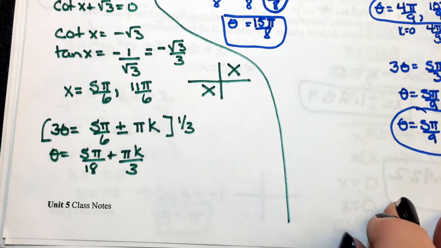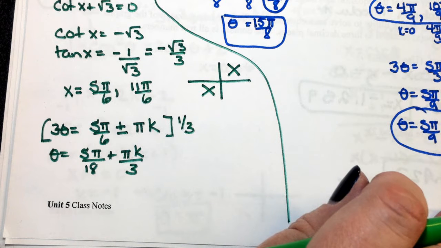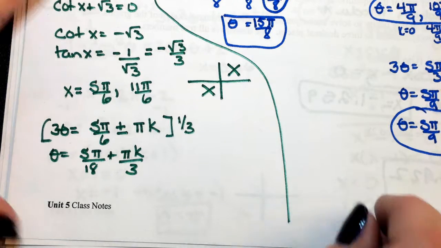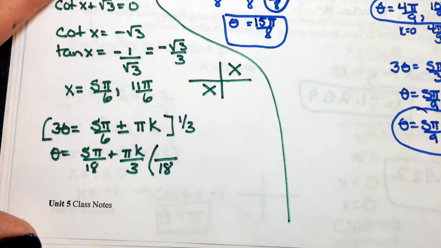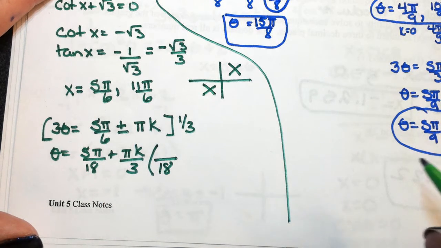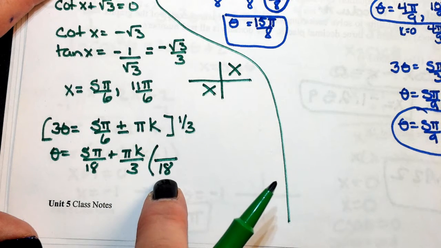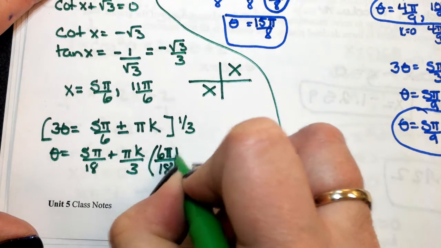How many solutions do you think we should be on the lookout for? 6. That's possibly a good number, so just be prepared for that. What I like to do is look at my pi over 3, because I know I'm going to be adding fractions, so get the common denominator to begin with. So how can I write pi over 3 with a denominator of 18? Pi over 3 is equivalent to 6 pi k over 18.